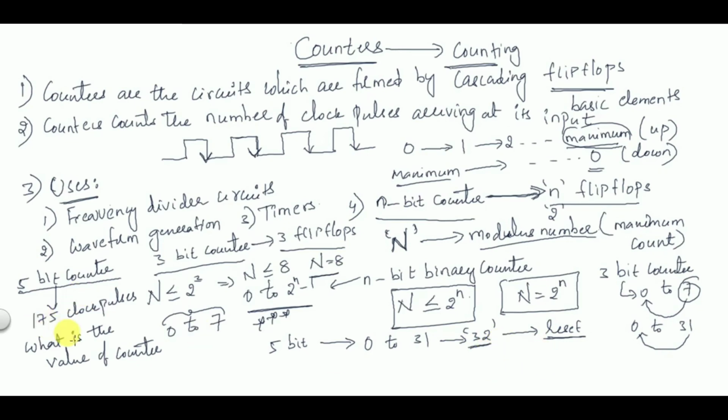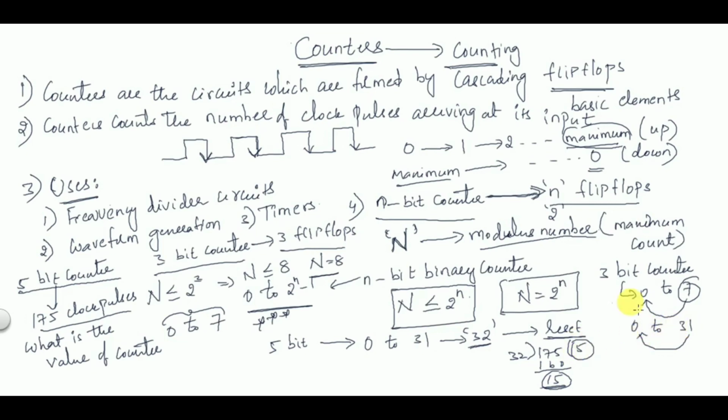To find the value of the counter after 175 clock pulses, you have to divide 175 by 32. 32 times 5 is 160, so it will have 5 full cycles.